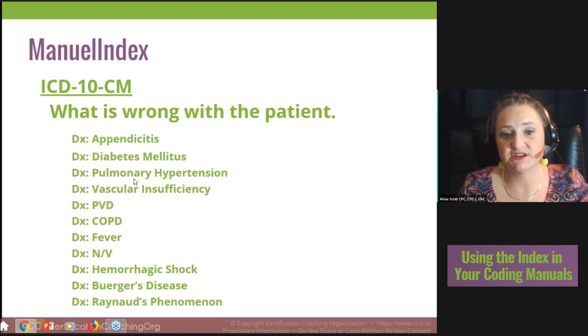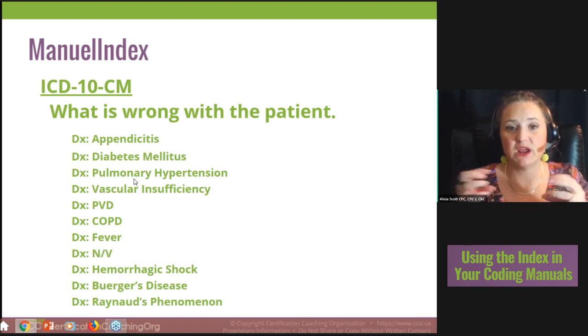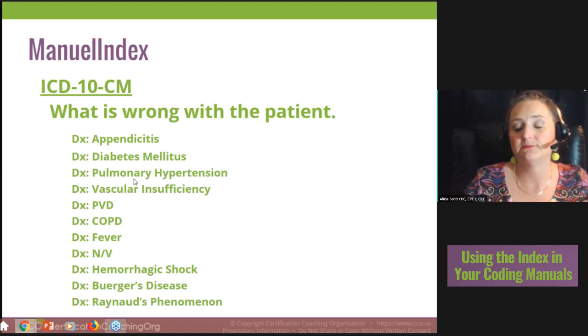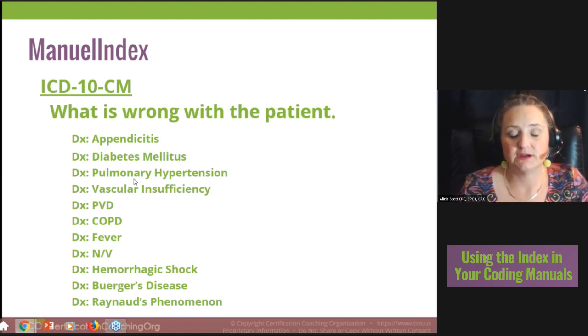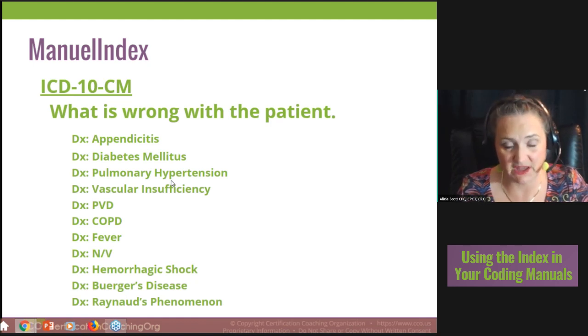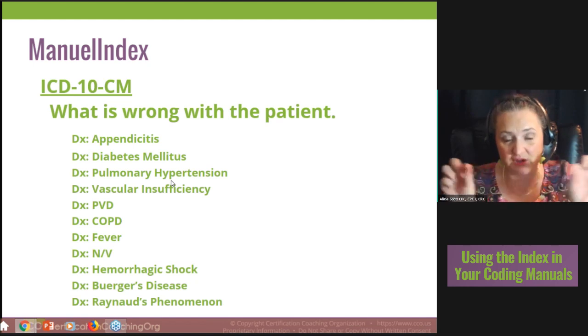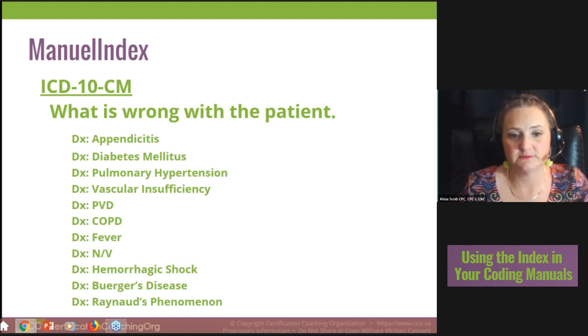Pulmonary hypertension is a very specific type of hypertension that involves the lungs, and it raises the pressure of the arteries in the lung, thus pulmonary. Again, it's not like regular hypertension where your blood pressure is advanced. It is technically raising the blood pressure of the arteries of the lung.